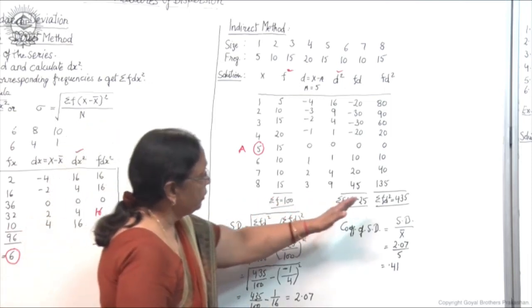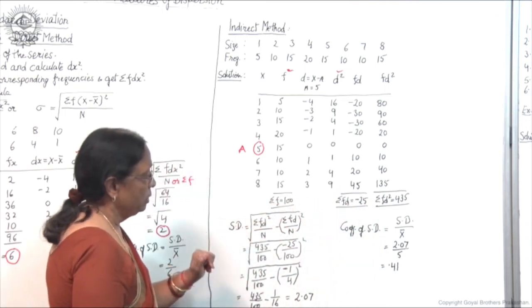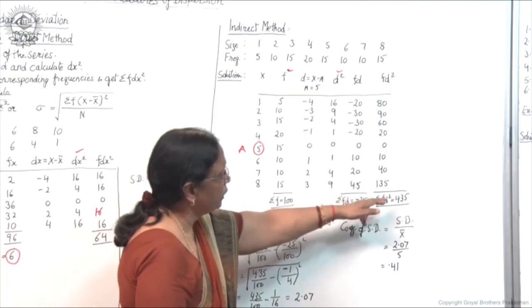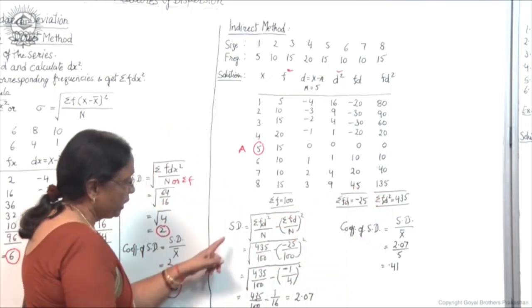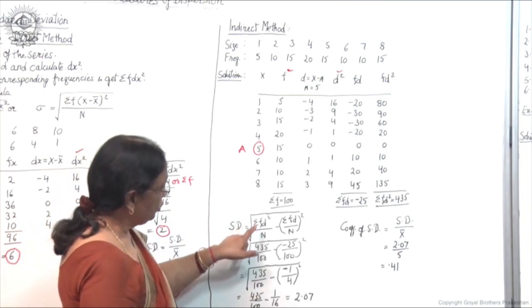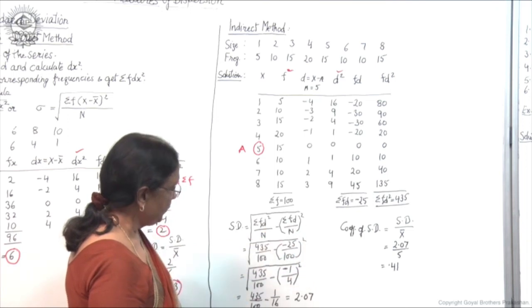Now after getting these three values, because these three values are needed over here, you have calculated the total of these three columns. Then write down the formula. Standard deviation is equal to under root sigma fd square upon n minus sigma fd upon n whole square.